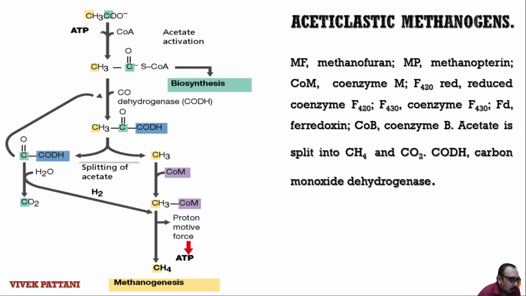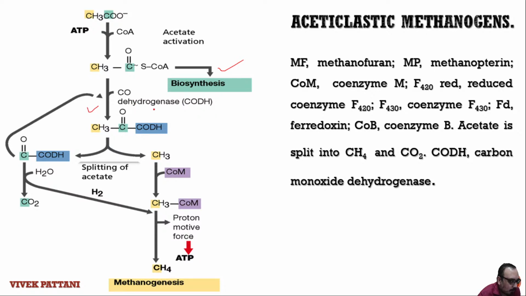You can clearly see here ATP will be used, coenzyme A will be added, forming acetyl CoA, which may either undergo biosynthesis, or may enter the production of methane with the help of the carbon monoxide dehydrogenase complex.